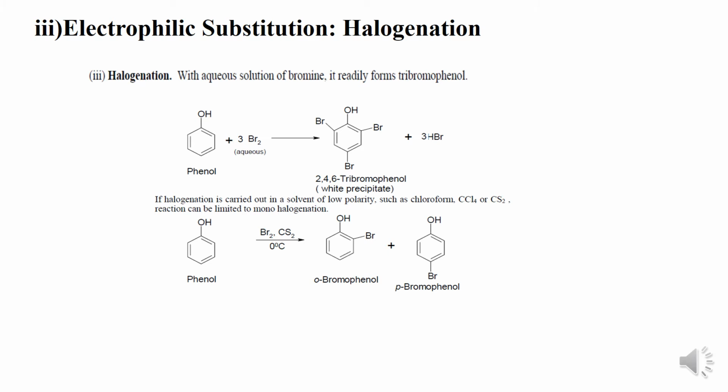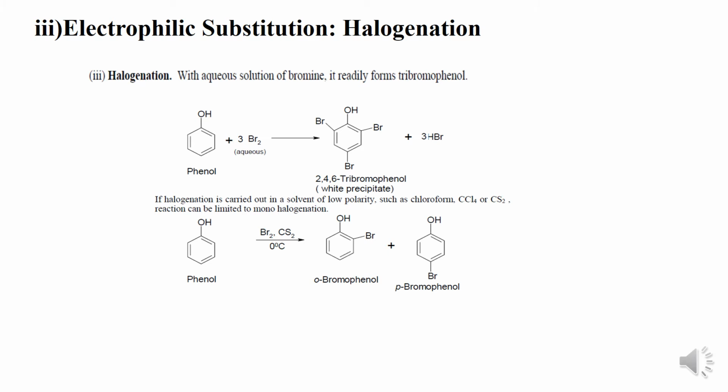So we produce 2,4,6-tribromophenol, a white precipitate. If we treat phenol with aqueous bromine, we end up with a white precipitate of 2,4,6-tribromophenol.